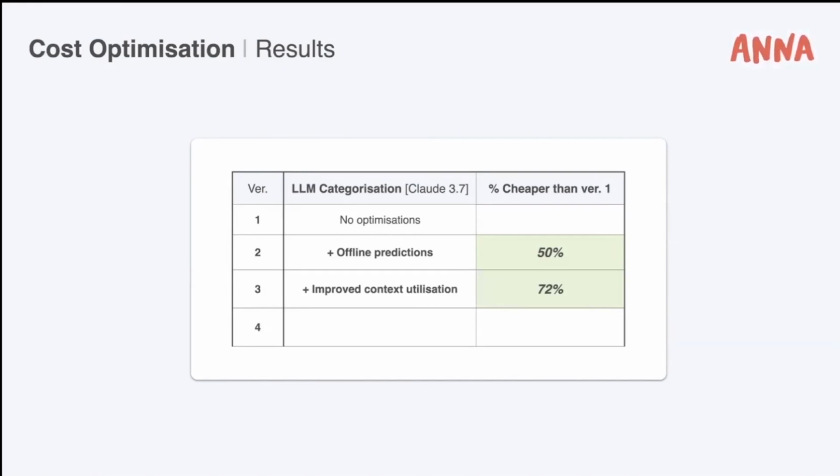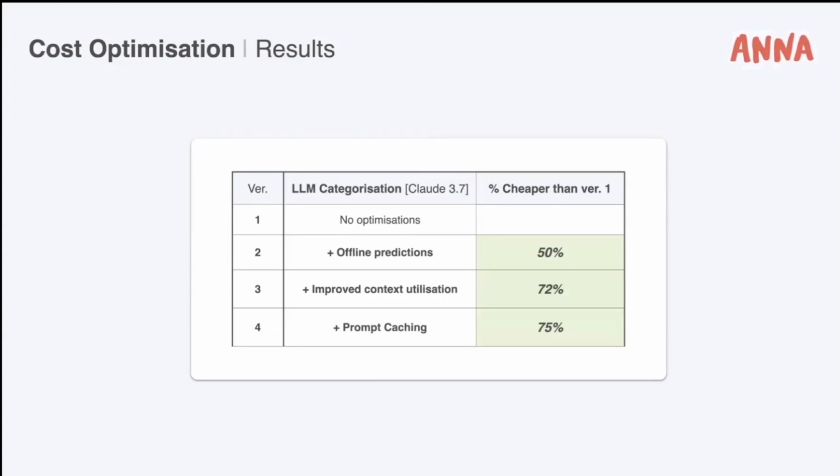And then we added better context utilization. In this case, we reduced the number of calls and utilized the context better. So that gave us an additional 22 percentage points, and the total saving is now 72%. And prompt caching, 75% in total.